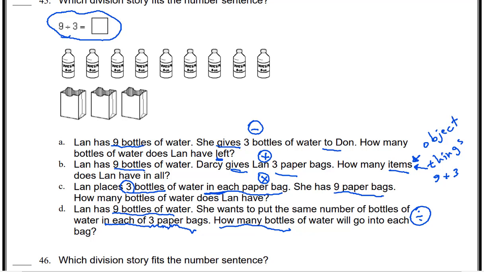Sometimes this is multiply and sometimes it's divide. But in this question, we need to put the 9 in 3 groups. So the bags here are groups. So that's why this is divide. Okay, great work my hero. So the correct answer is D. Great work, Al-Hassan.